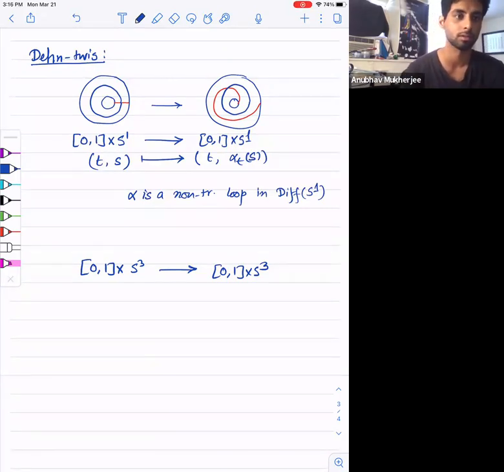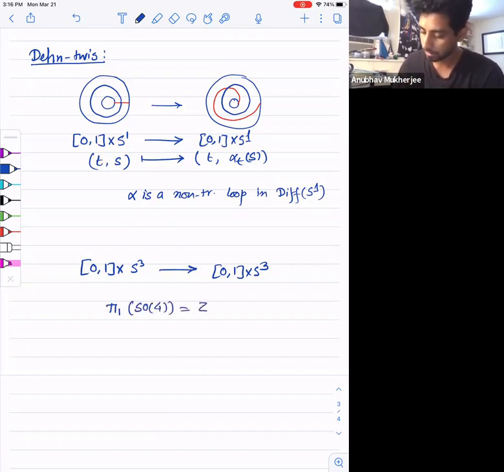That's a famous celebrated result by Hatcher. So in particular, pi 1 of this space is Z mod 2, so there is a non-trivial element. We define the Dehn twist by taking this non-trivial element and twisting along this non-trivial loop. Okay, any questions up to this point?